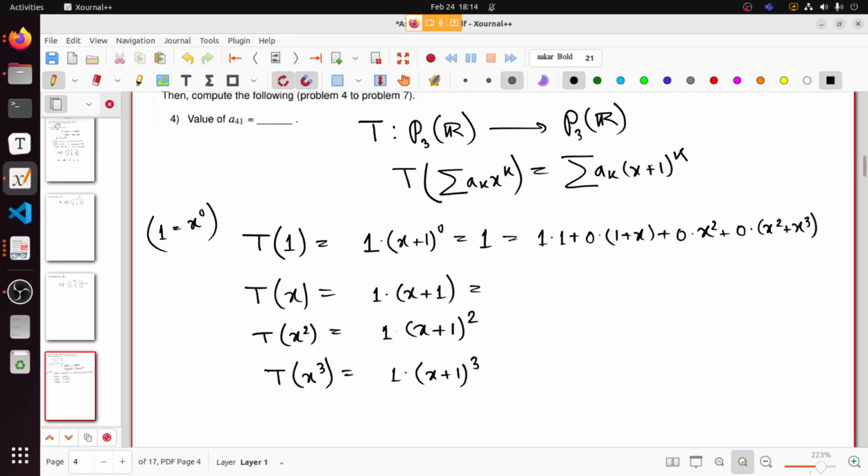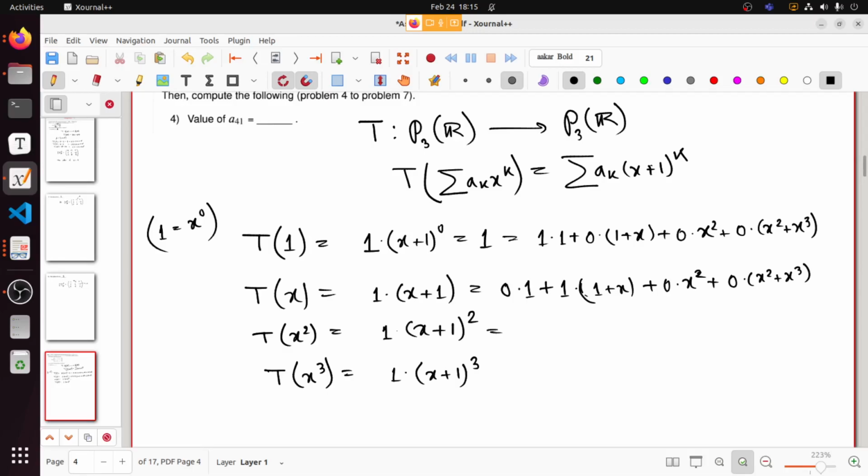Then x plus 1: you can write 0 into 1 plus 1 into (x plus 1), or 1 plus x, this does not matter. So 1 plus x plus 0 into x squared plus 0 into (x squared plus x cube).